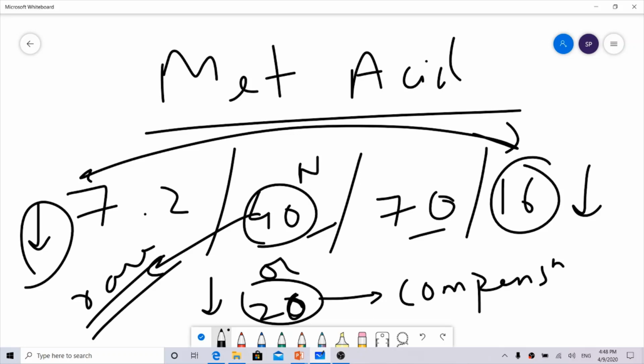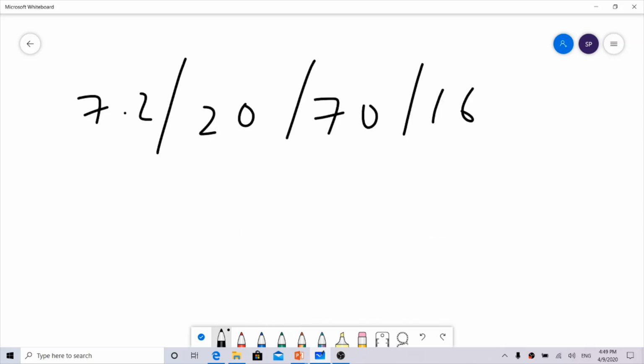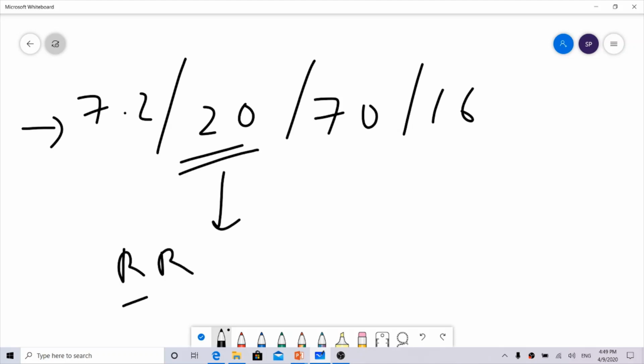I will not go into the differences, but what we are interested in right now is the ventilator setting. The patient has this condition, so just remember, how does this compensation happen? This compensation happens with the help of respiratory rate and tidal volume.